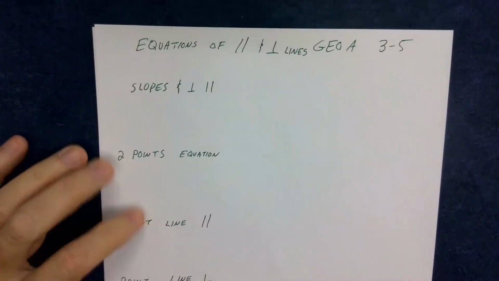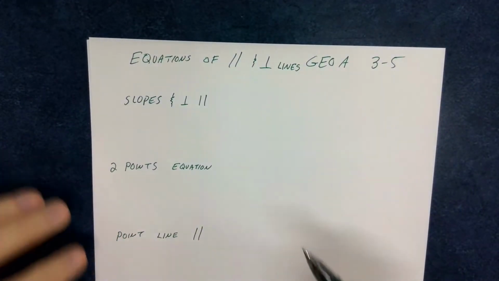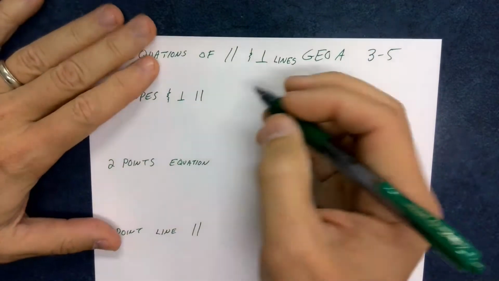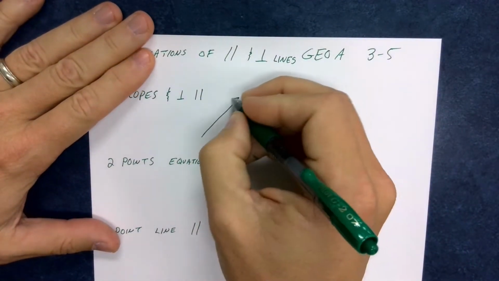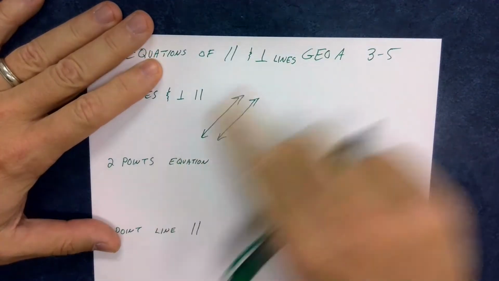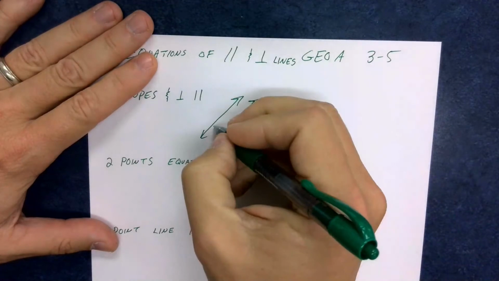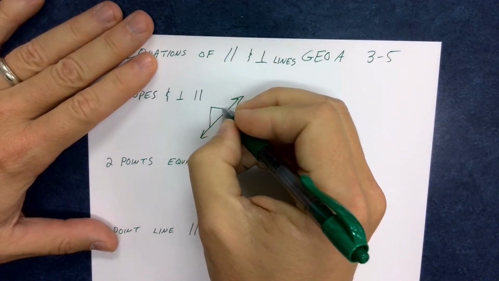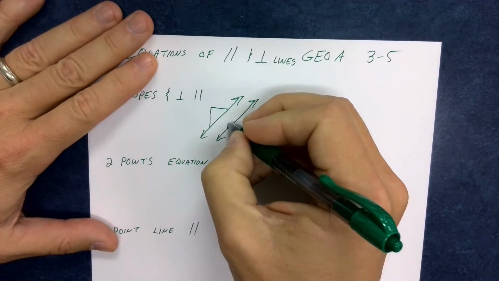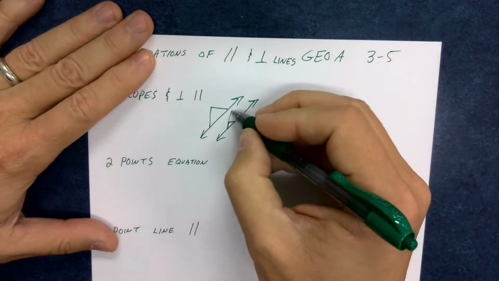We're going to start with this. Again, Geo A 3-5, slopes of perpendicular and parallel lines. Well, first off, what are parallel lines? Parallel lines are lines that are coplanar, in the same plane, but they're tilted so that their rise and their run is in the same ratio, whether it's all the way up there or all the way up there.